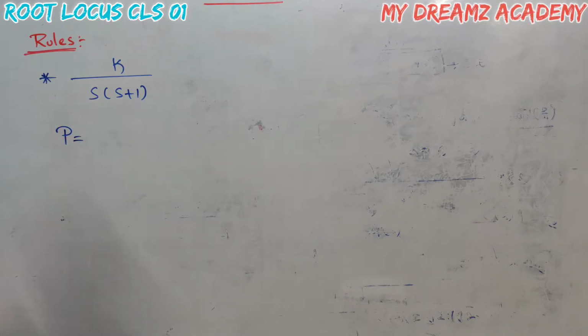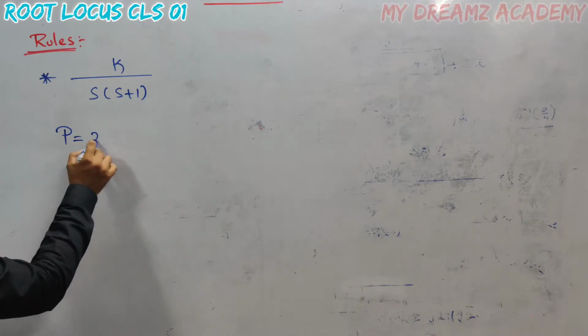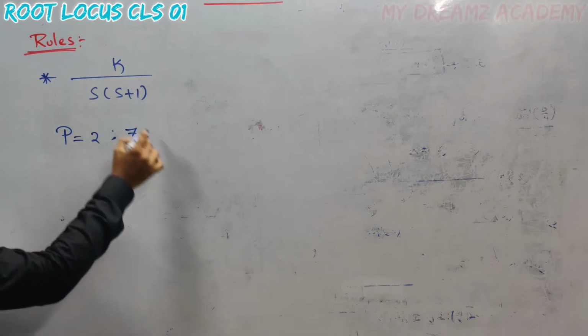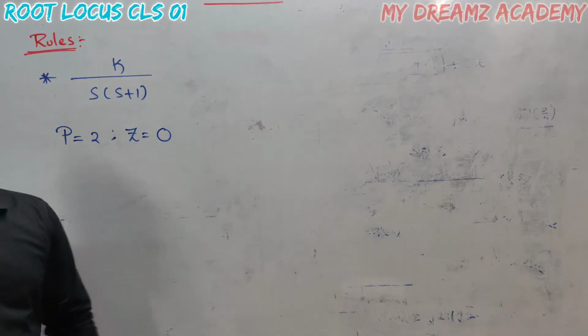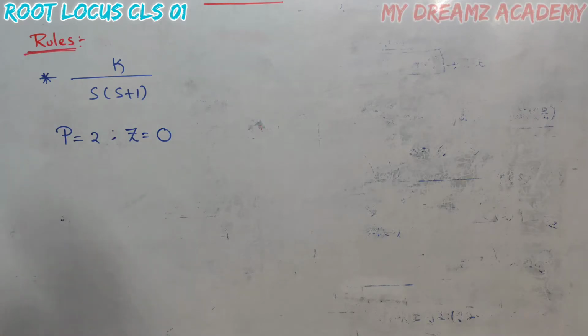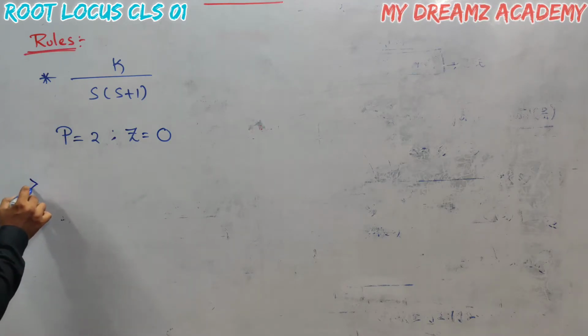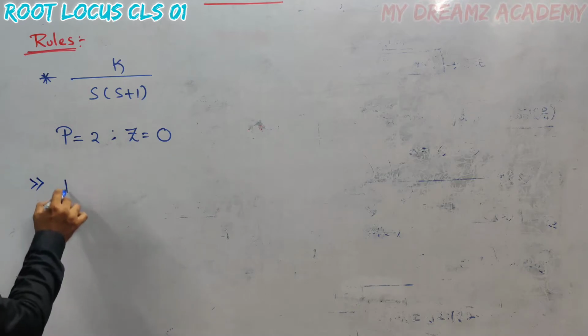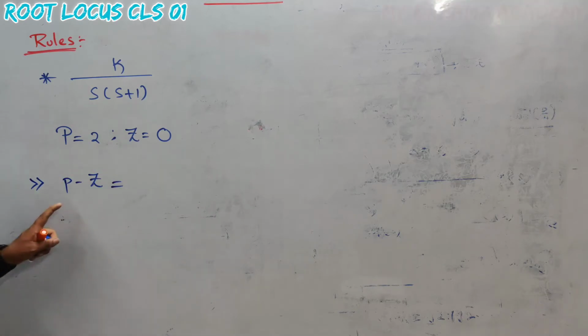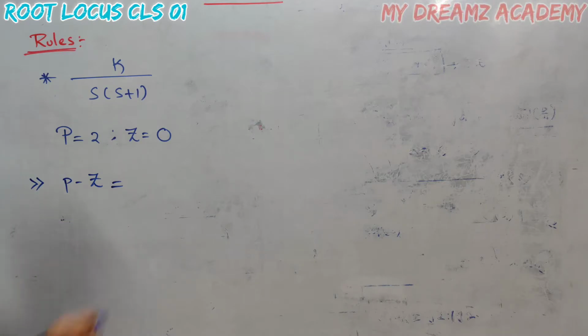Here the number of poles is 2 and the number of zeros is 0. Then we need to find P minus Z, that is the number of poles minus the number of zeros, which is 2.